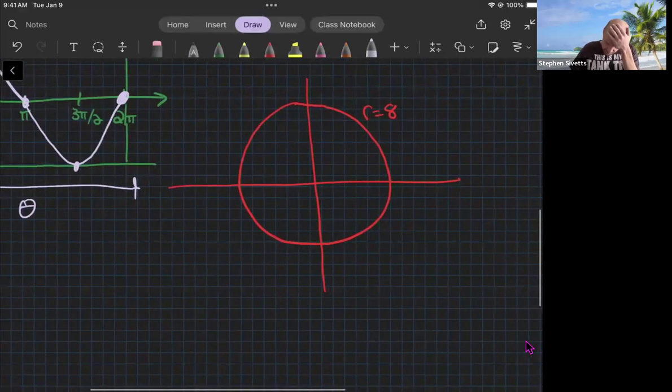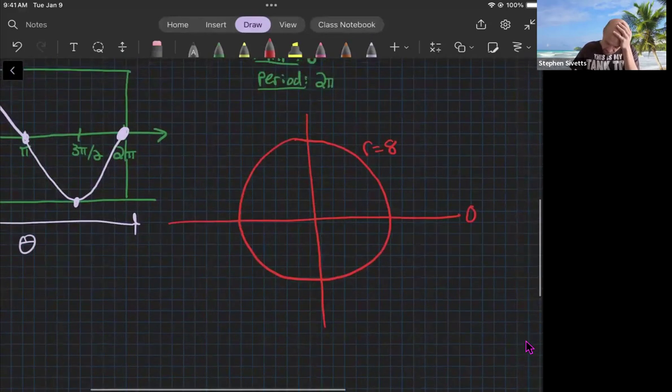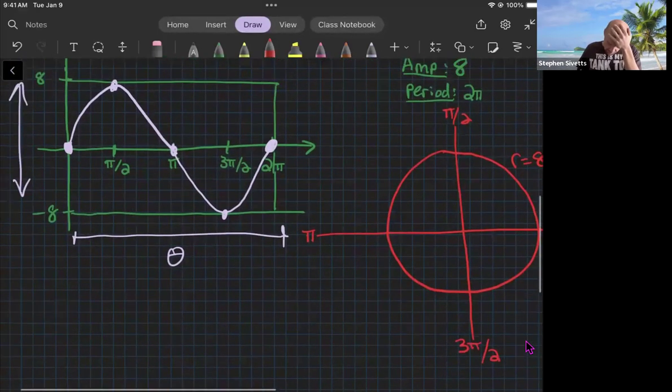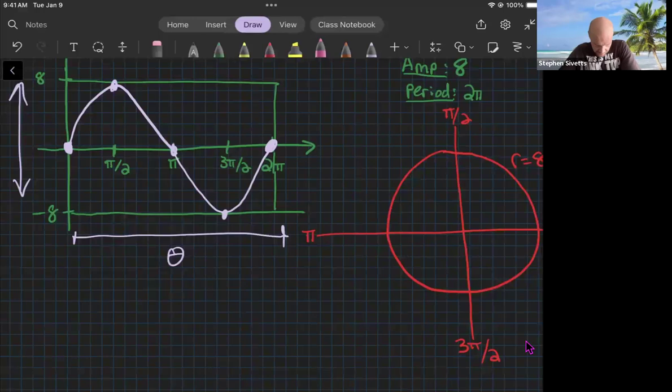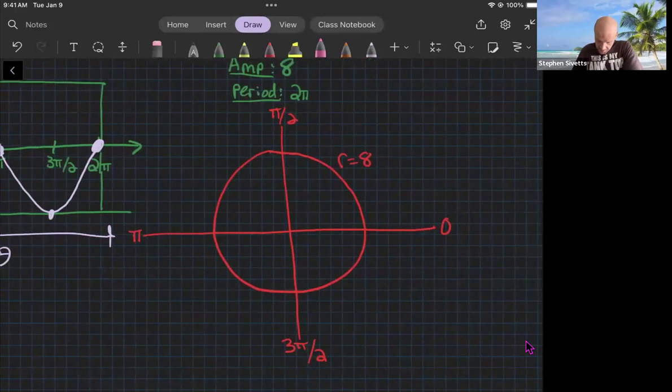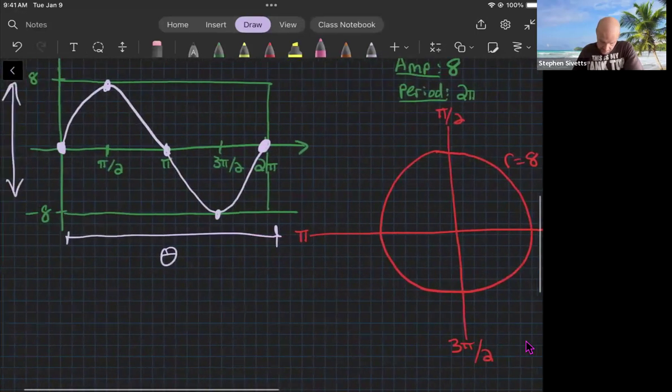Okay. So on the positive x-axis, it's 0. Positive y-axis is pi over 2, right? So this is pi, and then 3 pi over 2 is over here, right? Okay. So to draw out this polar graph, well, we know that the radius goes from 0 to 8 when theta is increasing from 0 to pi over 2, right?